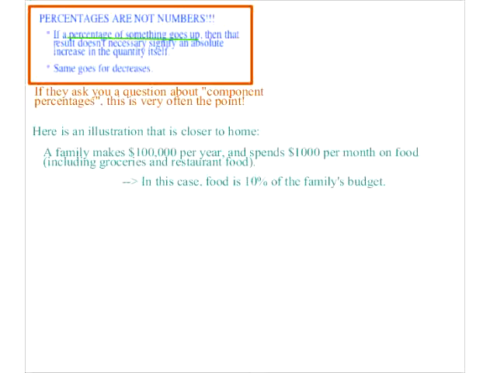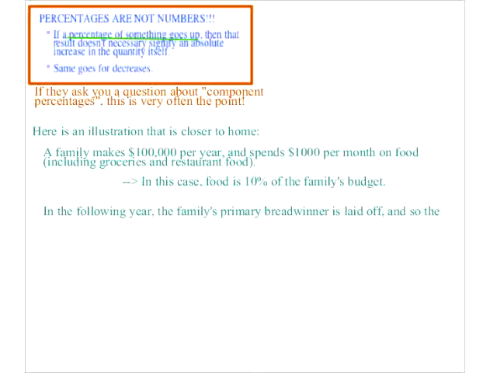On the other hand, now let's say in the following year, the family's primary breadwinner becomes unemployed, so laid off or whatever else, and so the family only makes $25,000 that year.